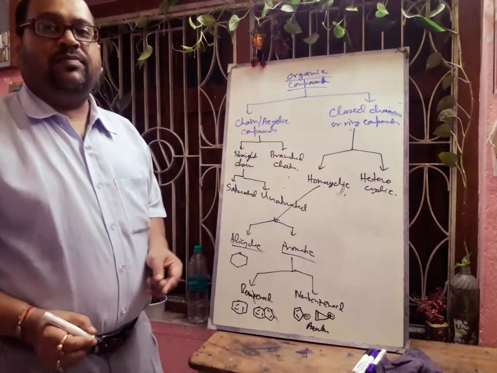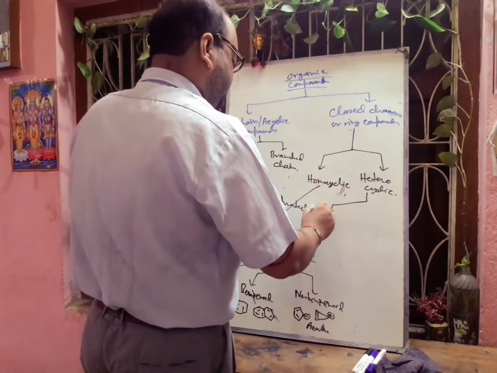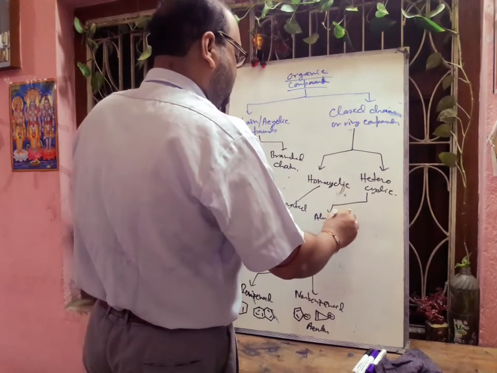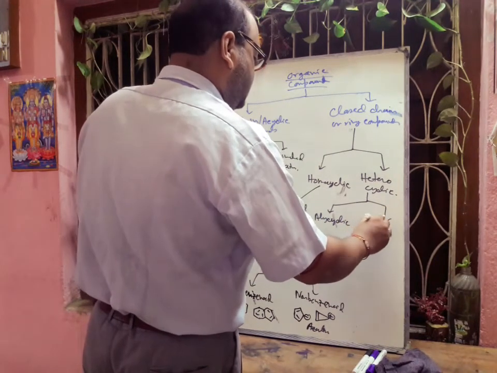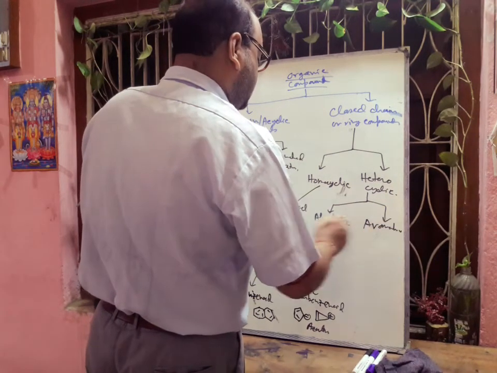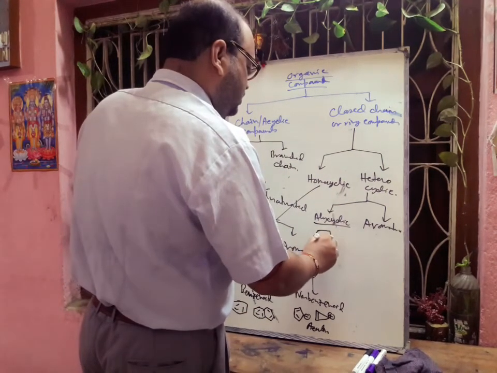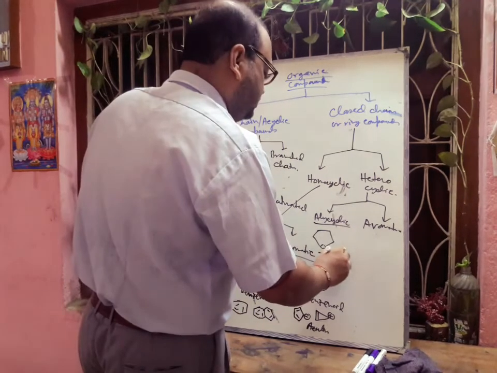And heterocyclic compounds also may be of two types: alicyclic and aromatic. For alicyclic, we can think about this one, called THF, tetrahydrofuran.